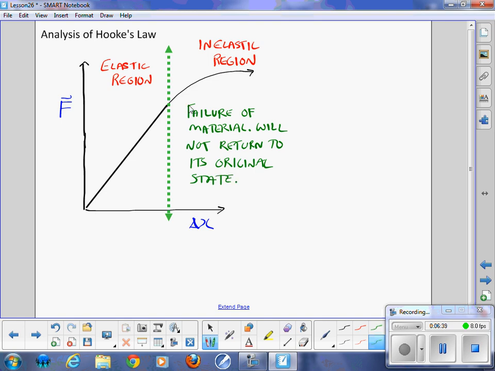It's to the point where it will not return to its natural position. What we're more interested in this course is that elastic region. So the elastic region has a linear relationship.